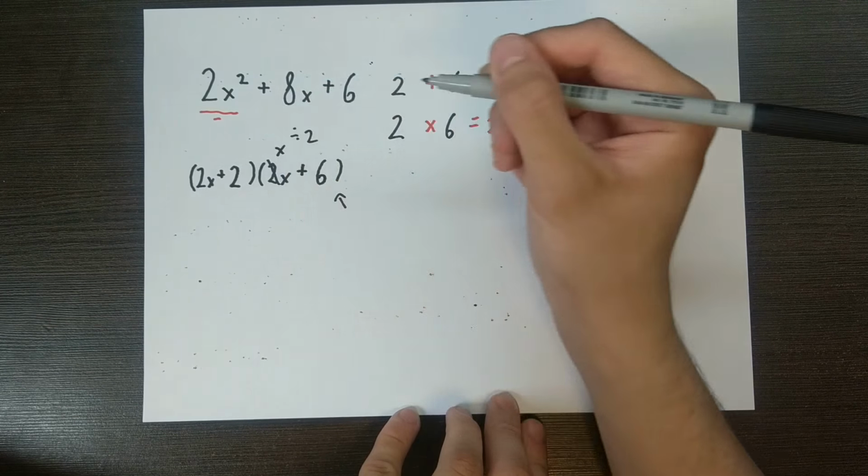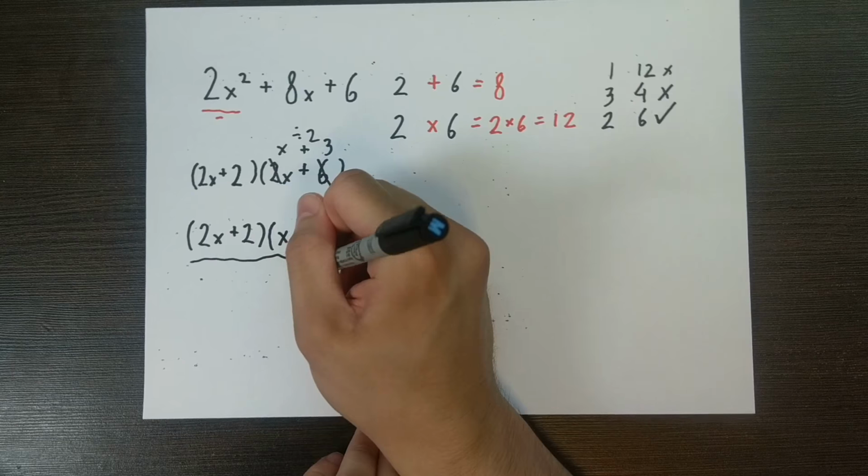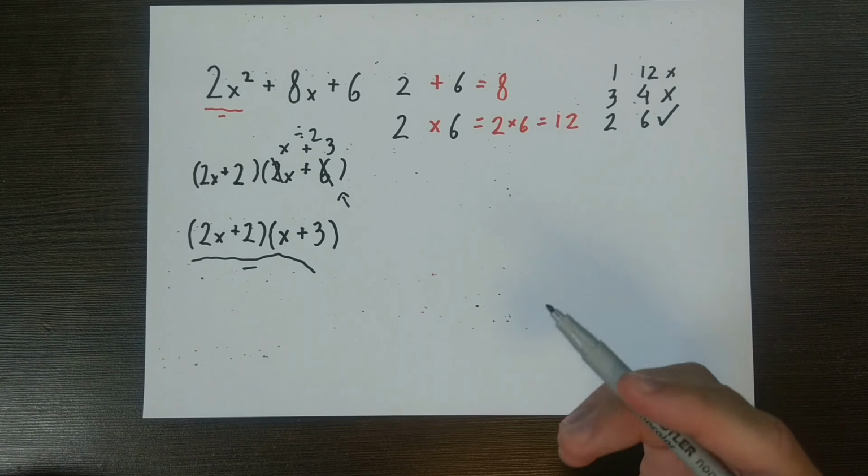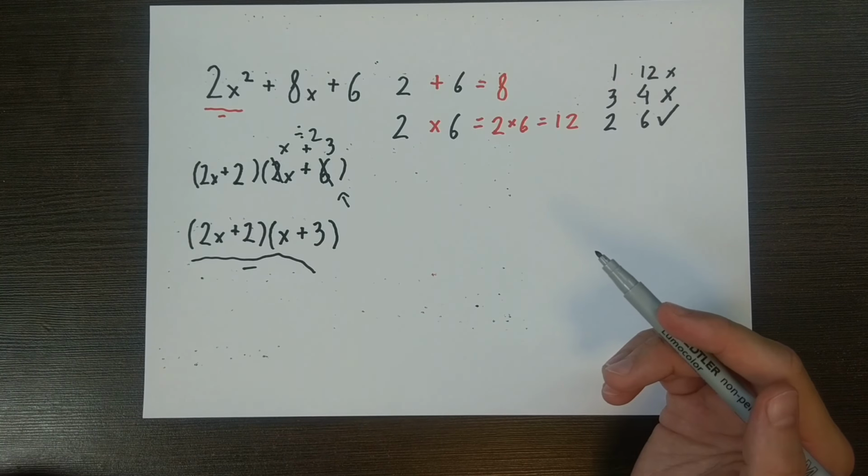Now all we have to do is write down the answer. 2x plus 2 multiplied by x plus 3. This is our answer, and this is essentially how you factorize quadratic equations.